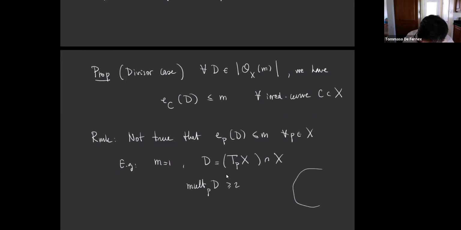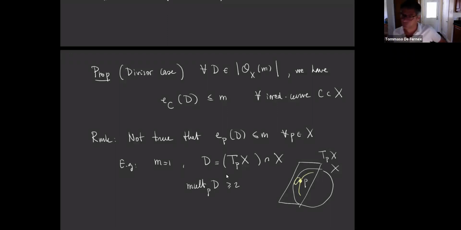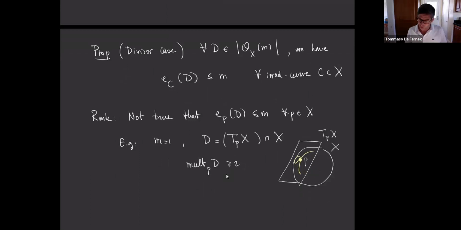I have a hypersurface, I look at the tangent space at a point P, and when I intersect, I get something which is singular at this point P. So you don't have a bound at every point. The statement here is that you have a bound along curves or higher dimensional cycles, subvarieties.